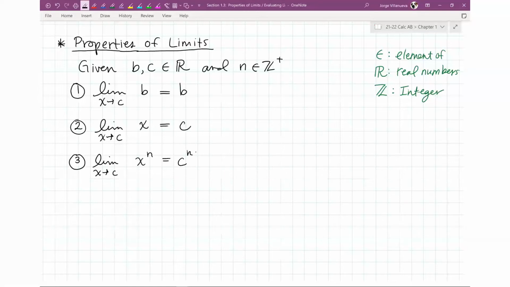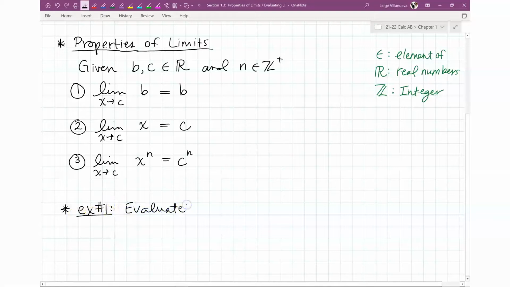Okay, so really easy examples just to show you this. We're going to evaluate. So let's find, I'm going to let you guys do these, okay? I'll give you a couple seconds. Here's another one.